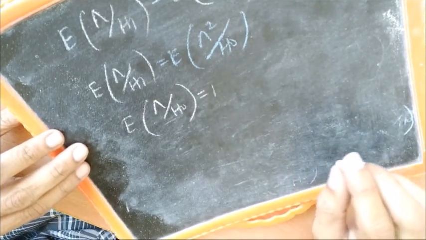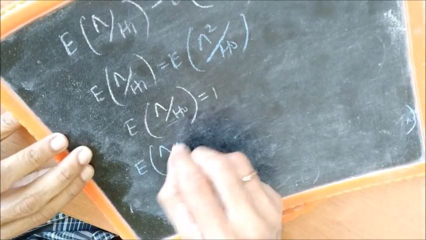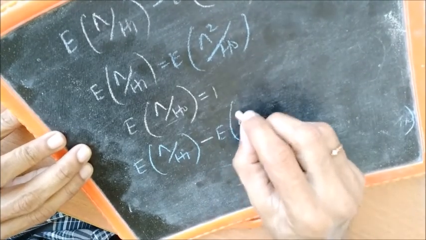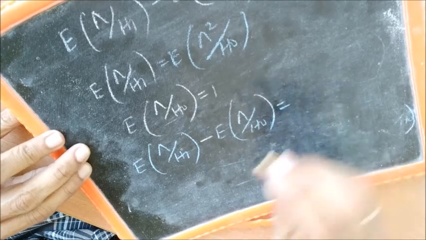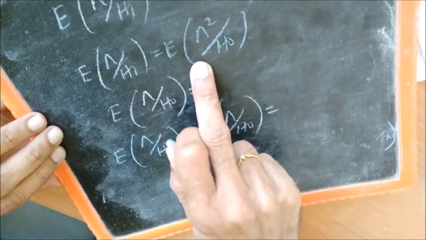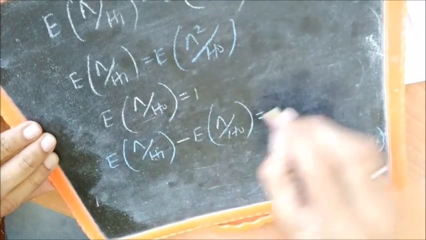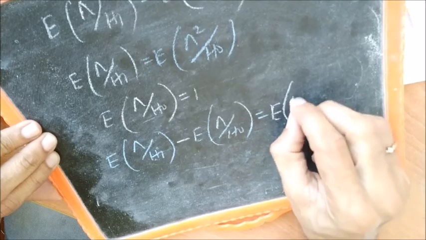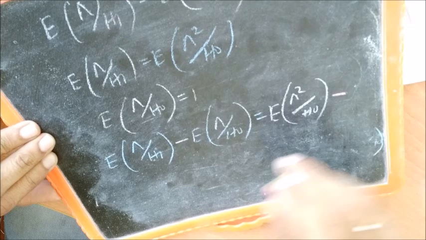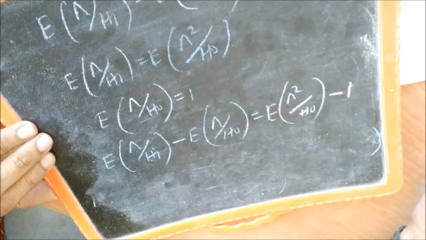Now this means that expected value of lambda given h1 minus expected value of lambda given h0 is equal to, now expected value of lambda given h1 is expected value of lambda squared given h0. So I will write this as expected value of lambda squared given h0 minus expected value of lambda given h0, which is equal to 1.